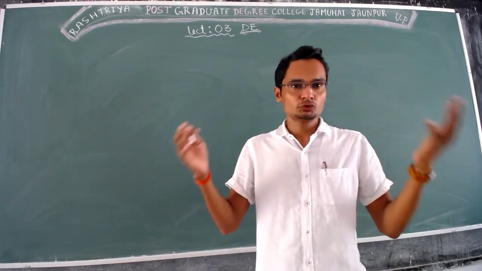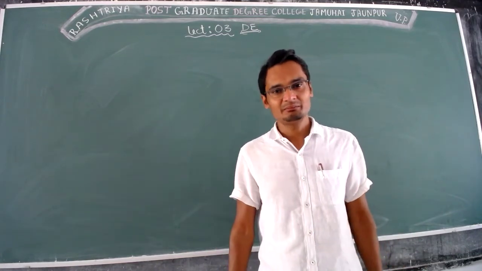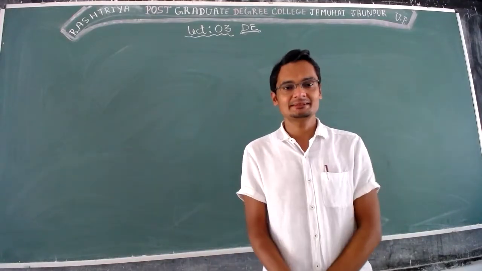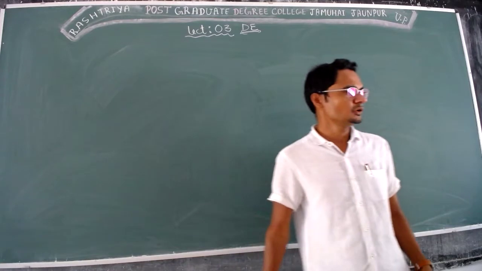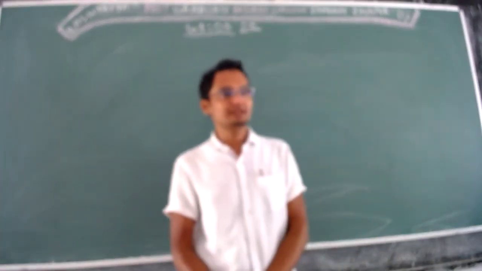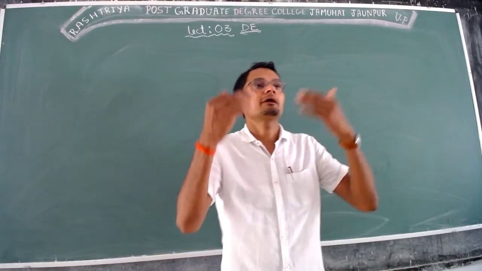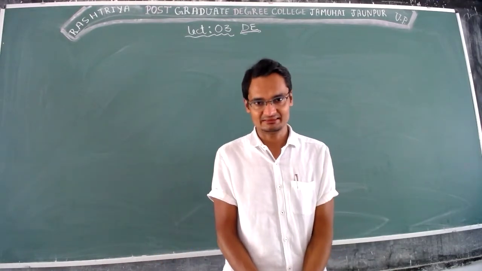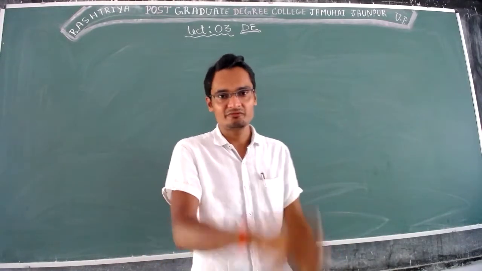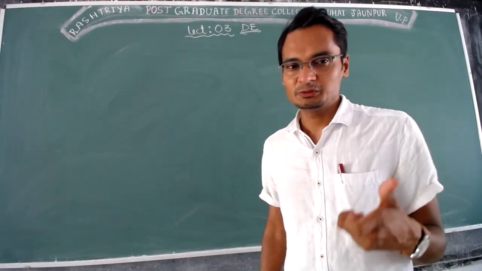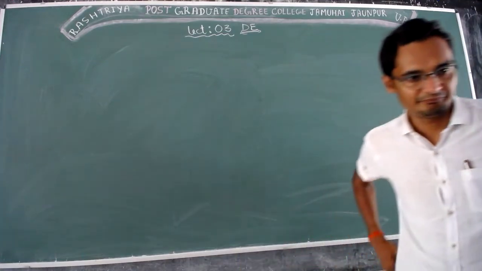There are many tools, so we need a classification of differential equations, so that at the end we know which method is applicable for which kind of differential equation. Let us start from zero and try to end up at infinity.